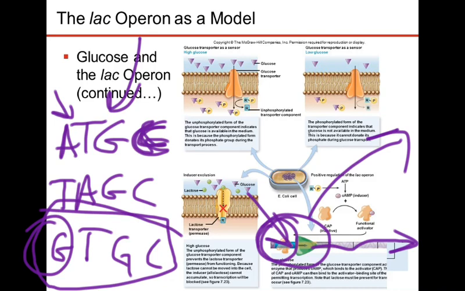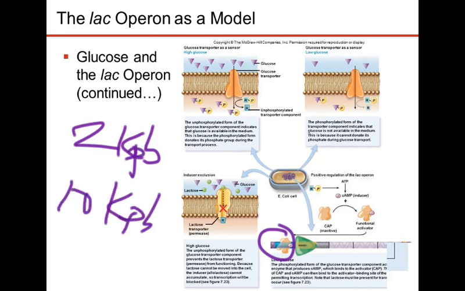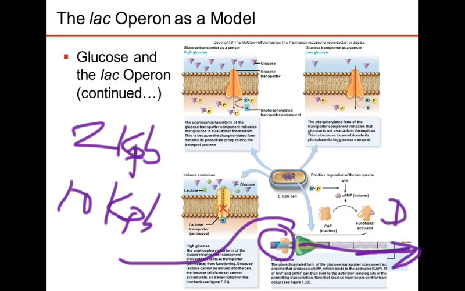In bacteria, those activator binding sites tend to be right next to the promoter. But in your chromosomes, they can be thousands of base pairs away. Some of them are 2,000 base pairs away. Some of them are 10,000 base pairs away. And usually they are upstream. I think I told you this last time. Since RNA polymerase moves from left to right, the way we usually diagram a gene, we call this area right here downstream.